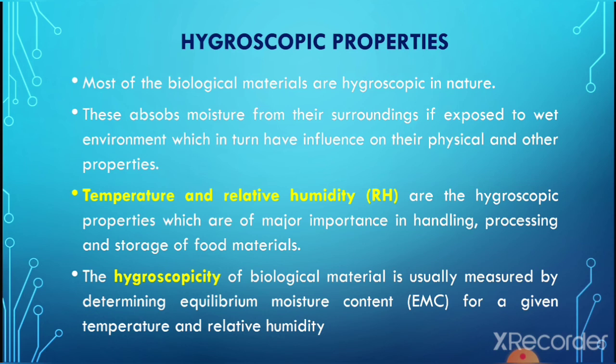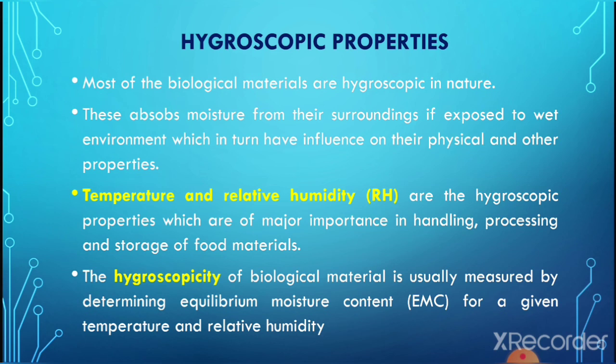So temperature and relative humidity are the hygroscopic properties which are of major importance in handling, processing and storage of food materials. The hygroscopicity of biological material is usually measured by determining equilibrium moisture content, EMC, for a given temperature and relative humidity.